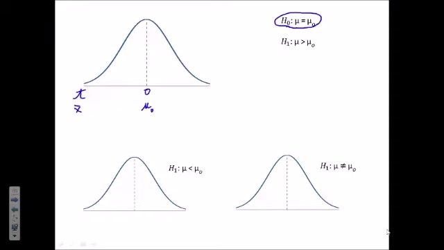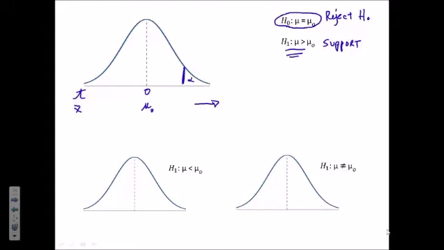Now, if the x bar in our sample comes out to be very big out here to the right, then that would support the alternative hypothesis, which says that mu is bigger than mu naught. So we would be supporting H1, and that means we're rejecting the null hypothesis. So if we're far enough out to the right, how far?